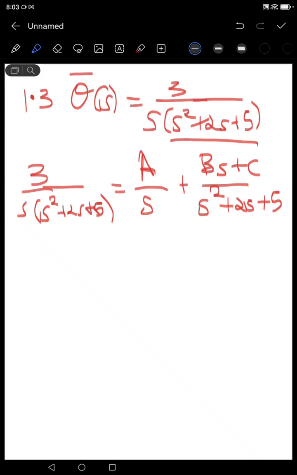After writing partial fraction, we're going to multiply both sides by the denominator. Our denominator is s into s squared plus 2s plus 5.